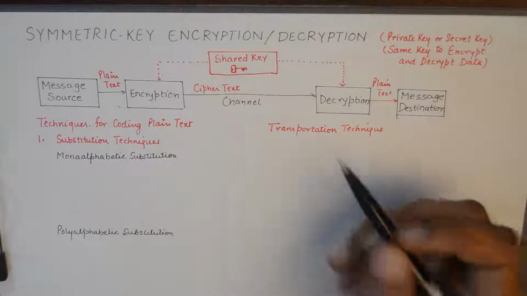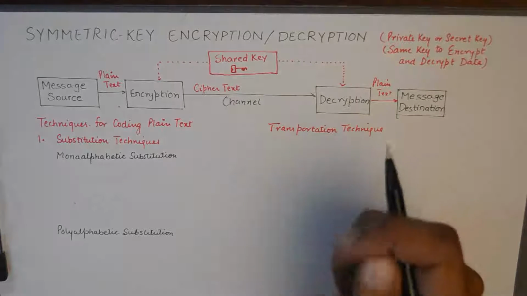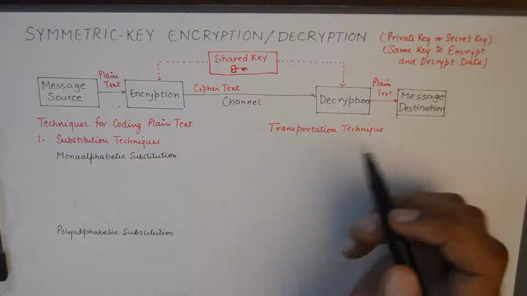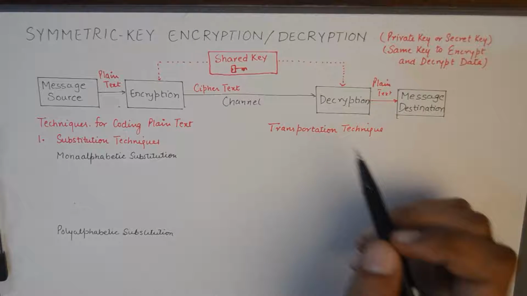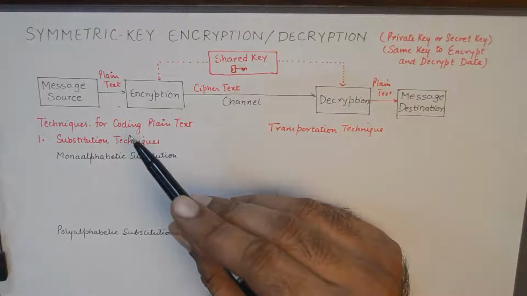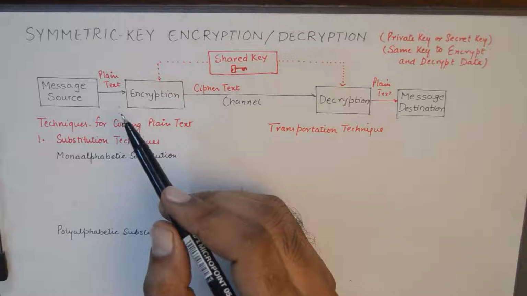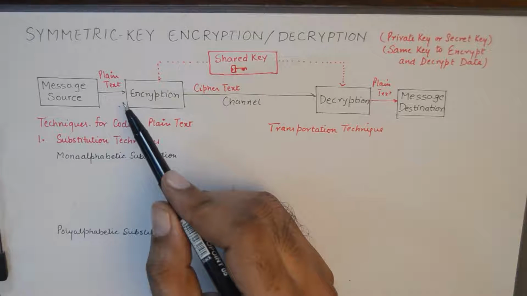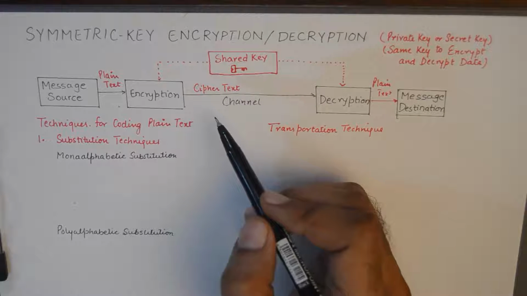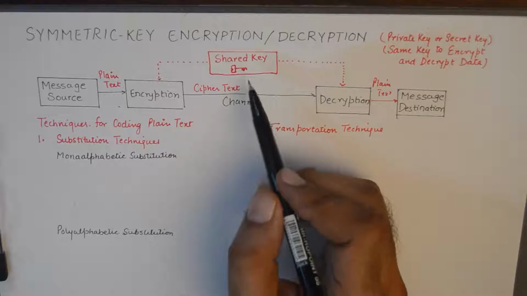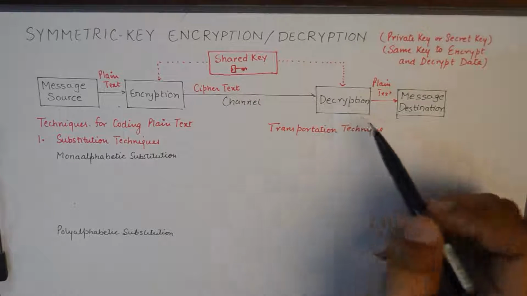If you were to draw the basic block diagram of symmetric key encryption and decryption, it would look something like this. You have a message source that is generating plain text, then you encrypt that text with a shared key, and then it is sent over the channel.